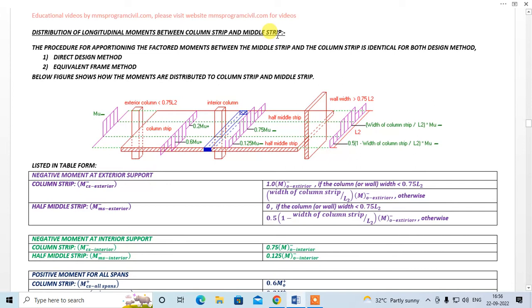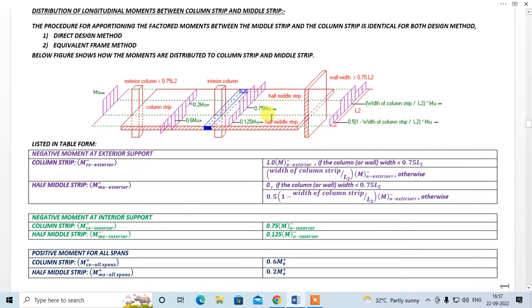In case of DDM, we use coefficients. In case of EFM, we do the elastic analysis. After that, everything remains the same. The procedure for apportioning the factored moment between the middle strip and the column strip is identical for both design methods, that is direct design method and equivalent frame method. Below figure shows how the moments are distributed to the column strip and the middle strip.